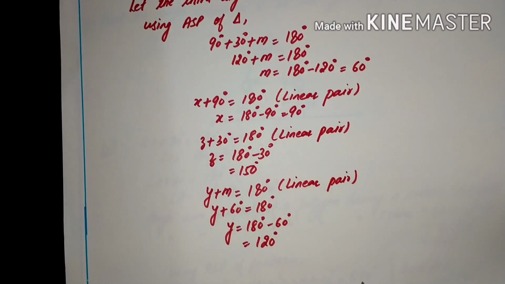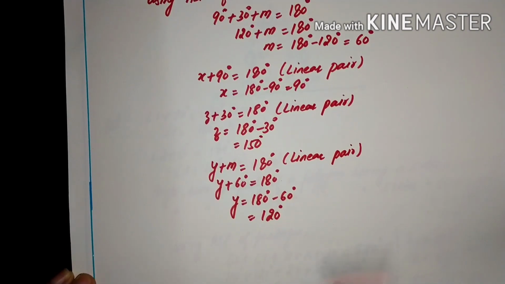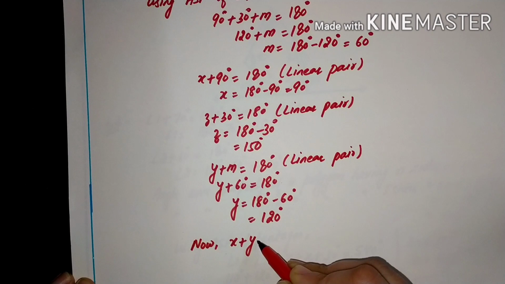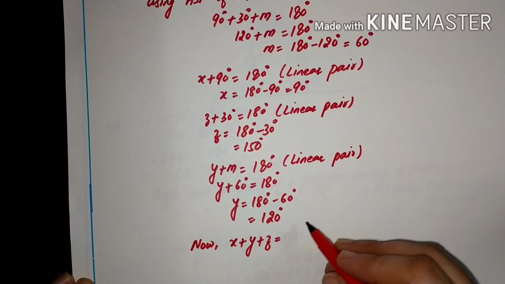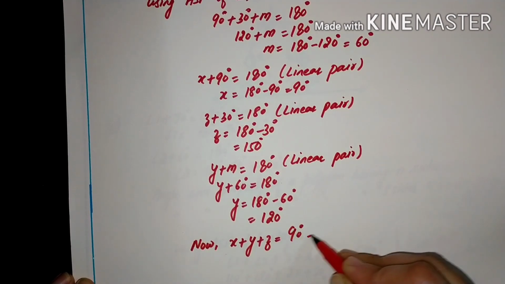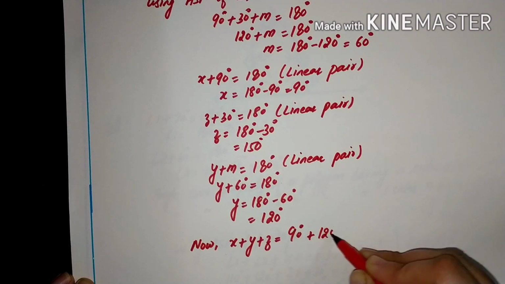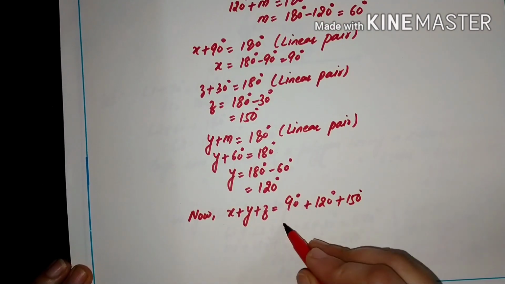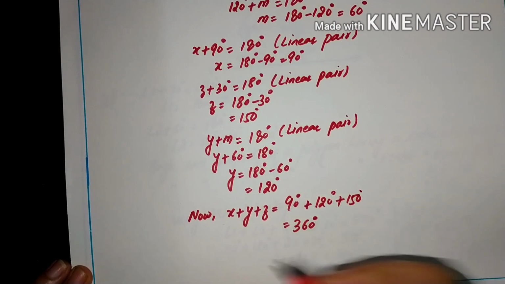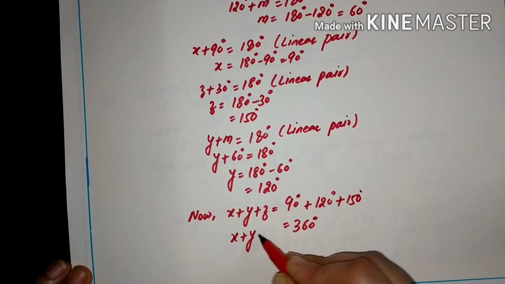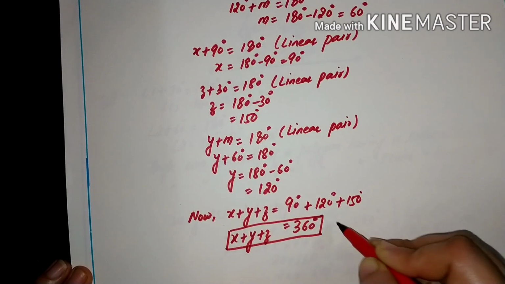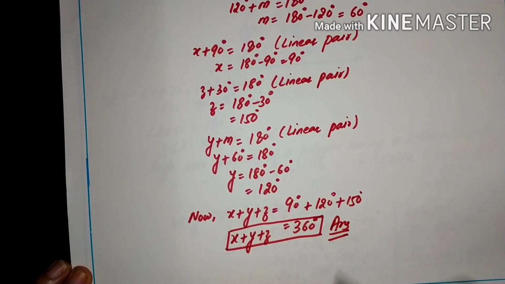So we have got the value 120 degrees. Now x plus y plus z is equal to 90 plus 120 plus 150 degrees, that is equal to 360 degrees. So we have got the value of x plus y plus z, that is equal to 360 degrees. This is our answer.